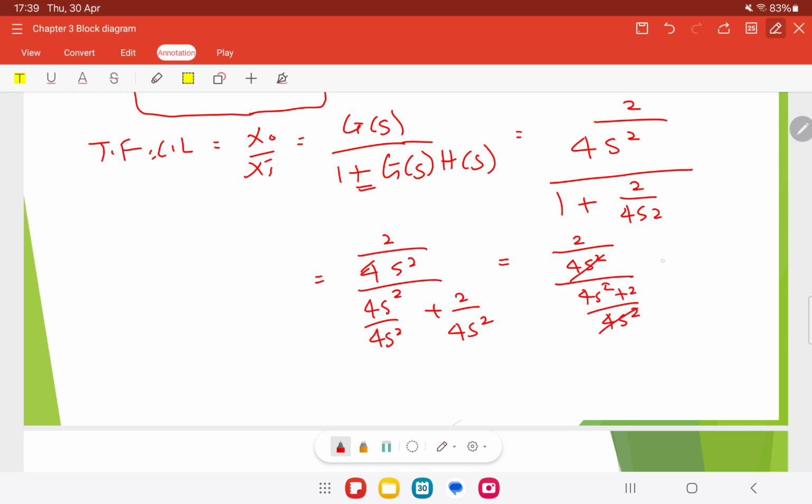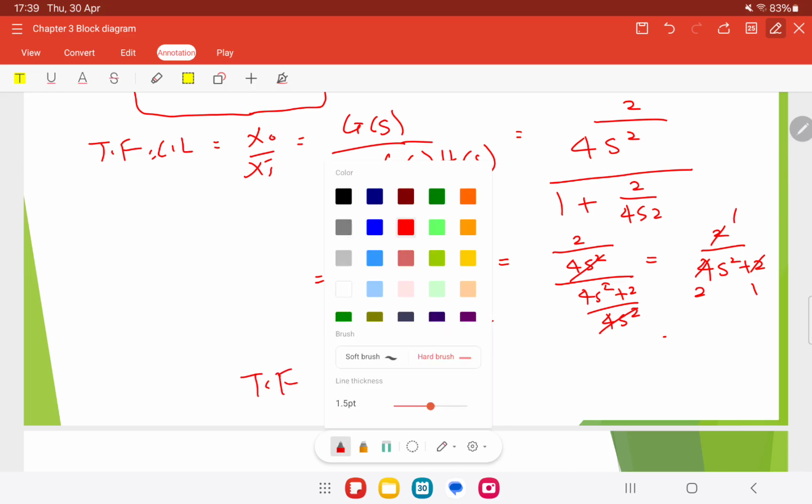So we can cancel this one and then you will get 2 over 4s square plus 2. So this one we can cancel 1, 2 with 1. So you will get 1 over 2s square plus 1. So this is the transfer function of the system.